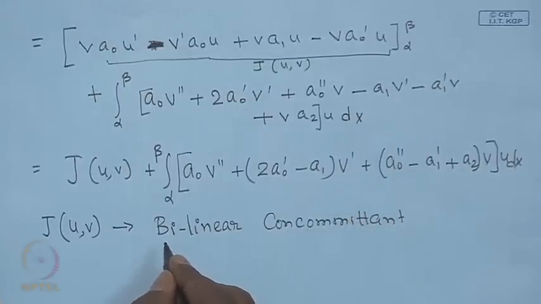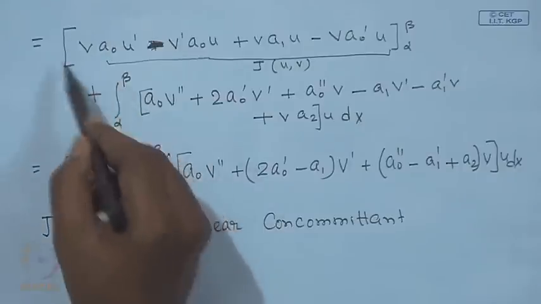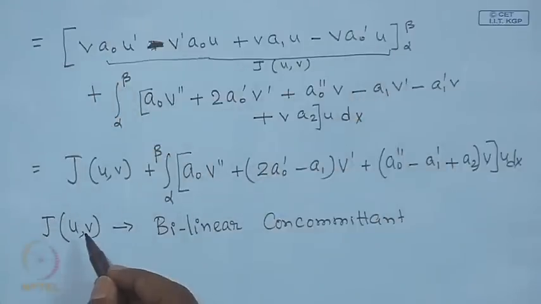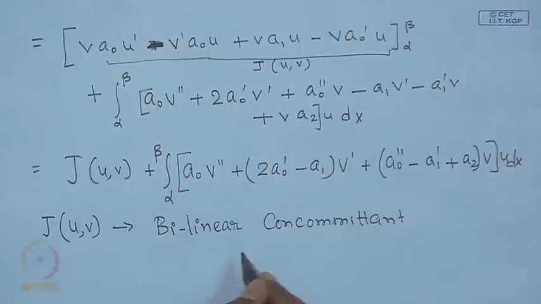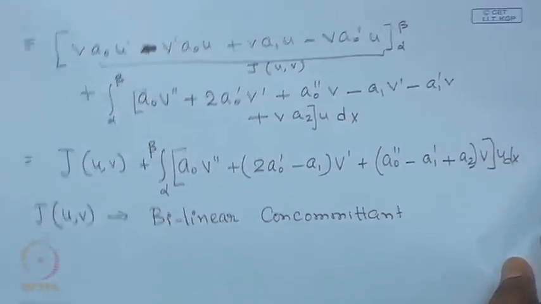This bilinear concomitant is basically the term which contains all the boundary conditions together. Now, let us look into the bilinear concomitant term and how this bilinear concomitant will be taking shape in this particular case. So, first we examine the different terms of bilinear concomitant and see what we get.